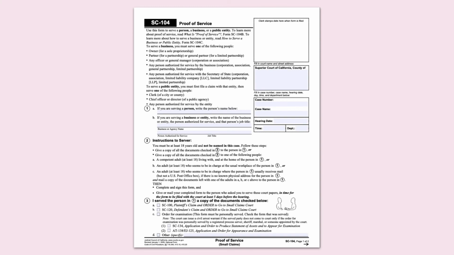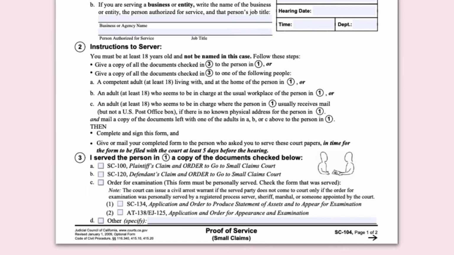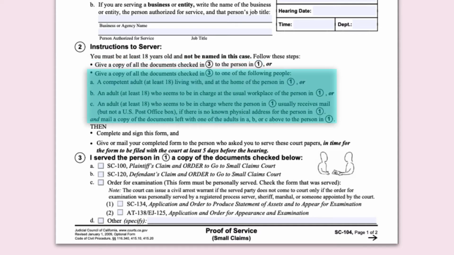Third, you must use a valid method of service for it to be recognized by the court. There are 2 valid methods of service in small claims. Personal service, when the court papers are handed directly to the defendant in person, and substituted service, when the papers are handed to an eligible person who is at least 18 years old, other than the defendant.